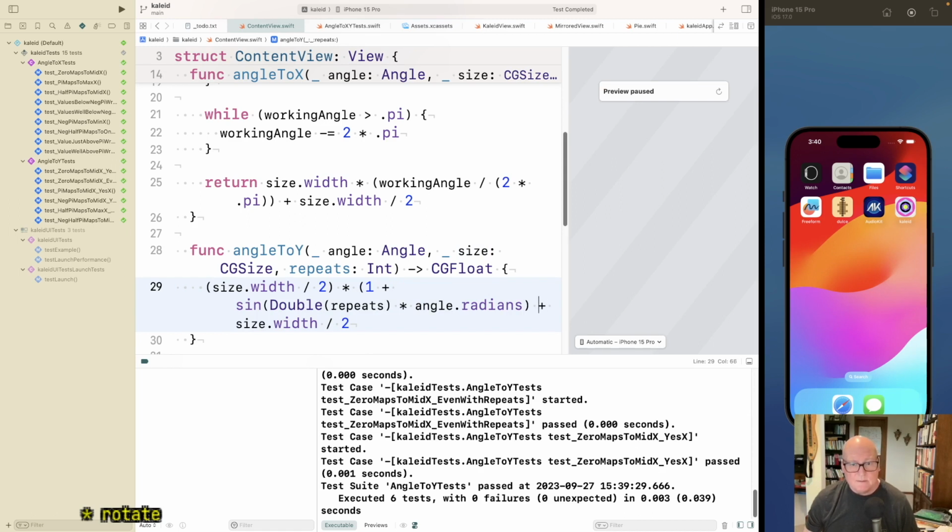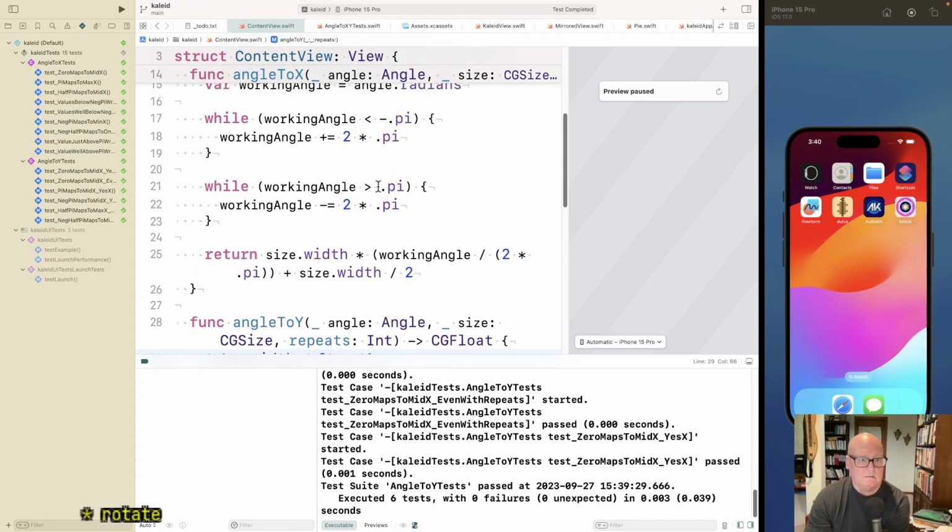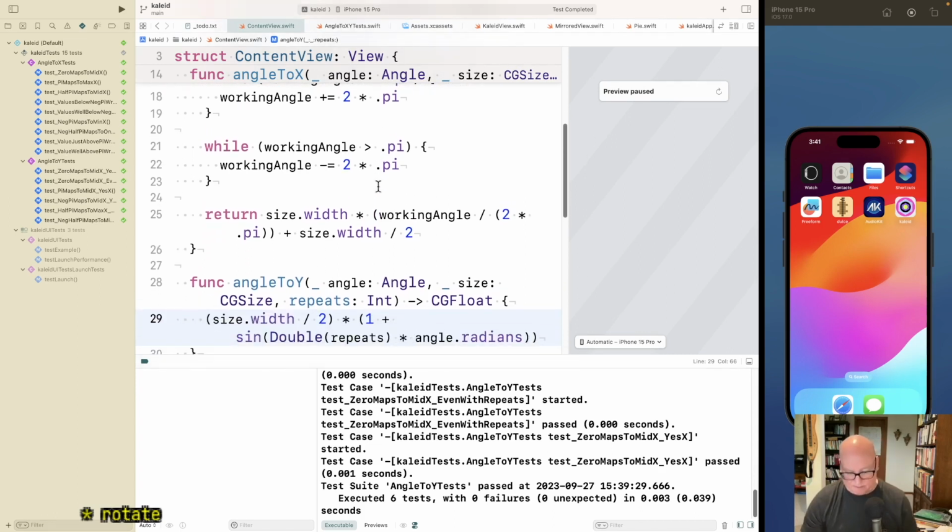Double repeat angle radians. Okay. Because the sine ranges from -1 to 1, 1 plus that ranges from 0 to 2, times half the width ranges from 0 to width. Okay, sure that makes sense?